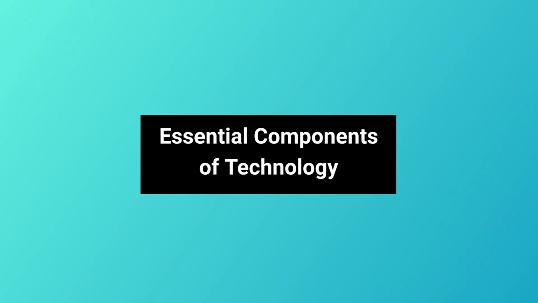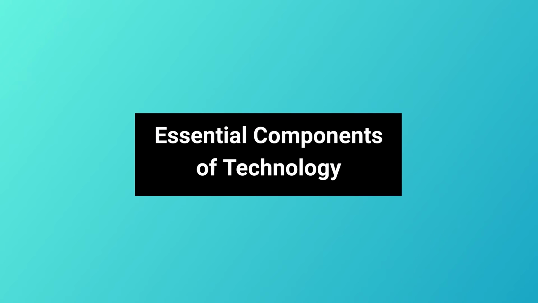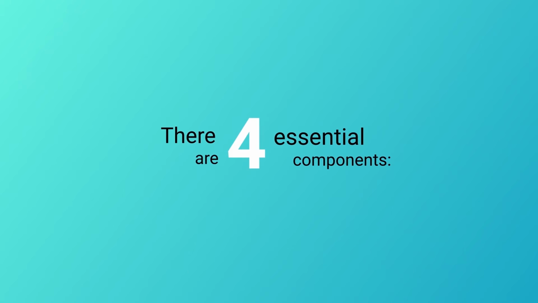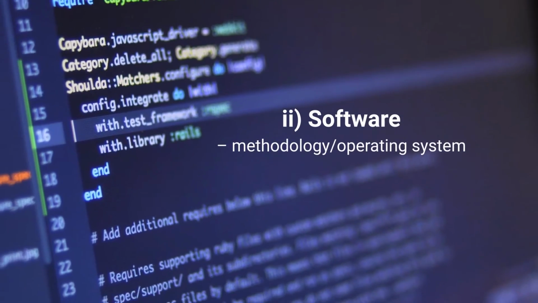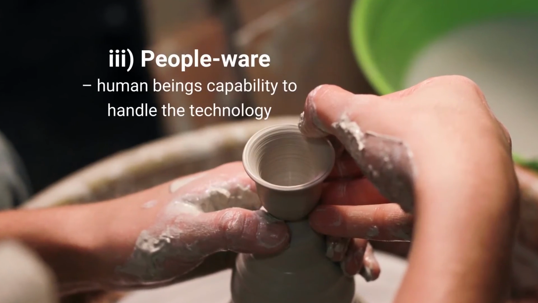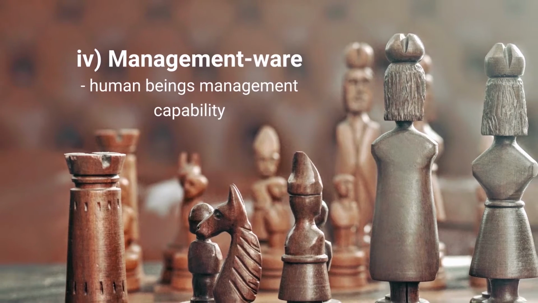Let us now see what are the essential components of technology. There are essentially 4 components of technology. They are hardware, software, peopleware and managementware. Hardware, as the name suggests, deals with equipments or machineries.